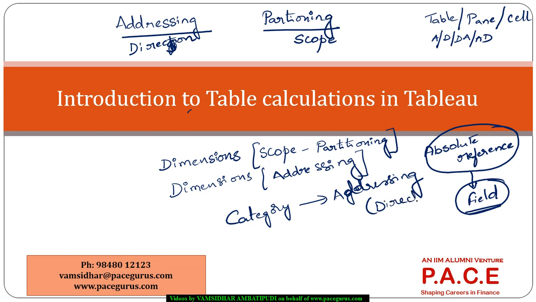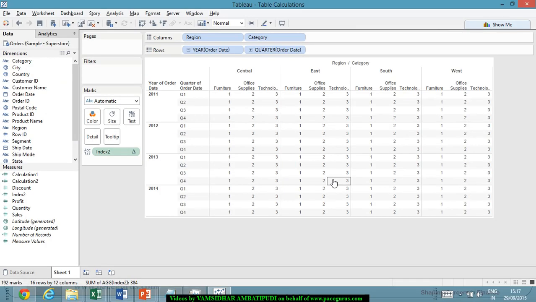This particular category is being set as a direction. So all the other dimensions are used implicitly for partitioning. Because I have said this is the direction, all others implicitly are used for the partitioning purpose. They are the ones that define the scope or the boundary at which the index should restart. Right? That's how the simplicity comes out.